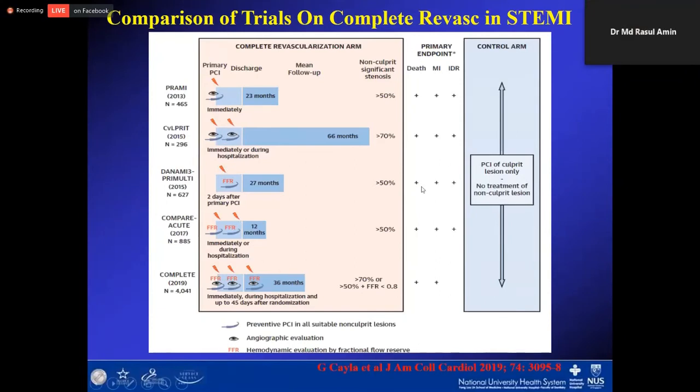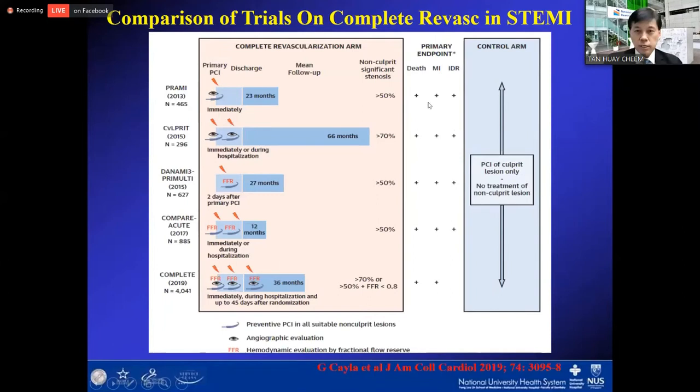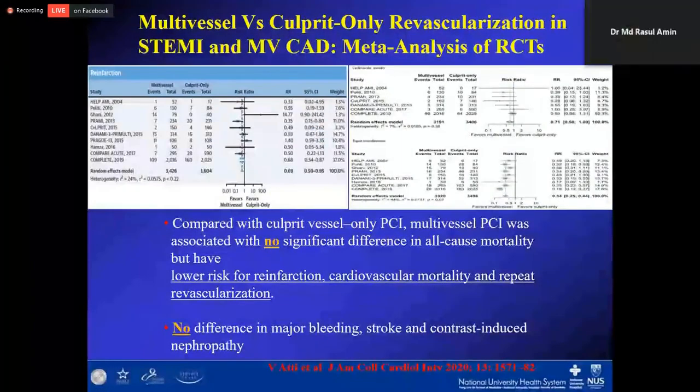If you look at these 5 randomized control trials, you find that there were some differences and also some similarities, but suffice to say, some of them used angiographic inclusion criteria, some used FFR as an inclusion criterion.